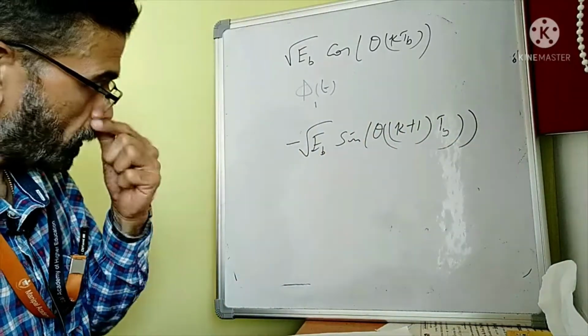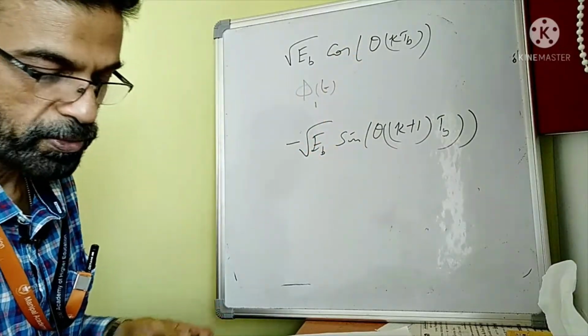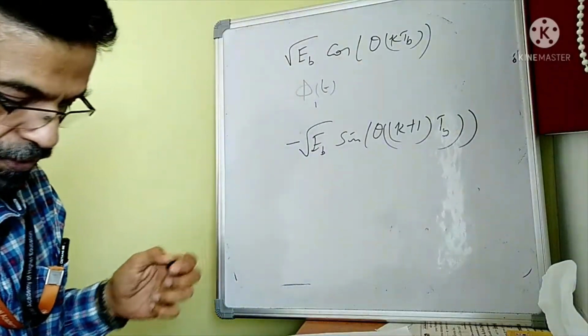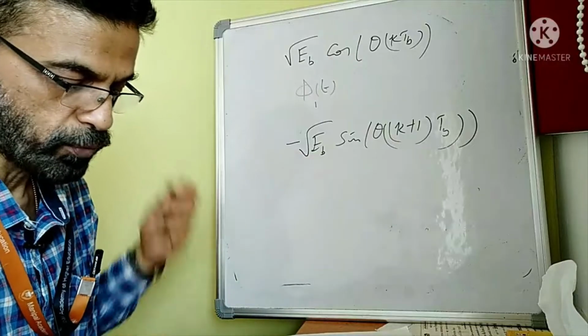So from this we could obtain theta k tb and theta k plus 1 tb, and we could obtain bk that was discussed, and this process is continued to obtain bk plus 1, bk plus 2, and so on and so forth.